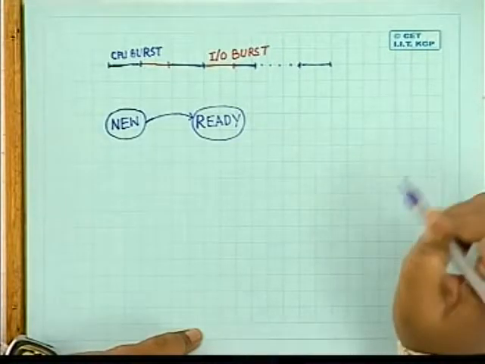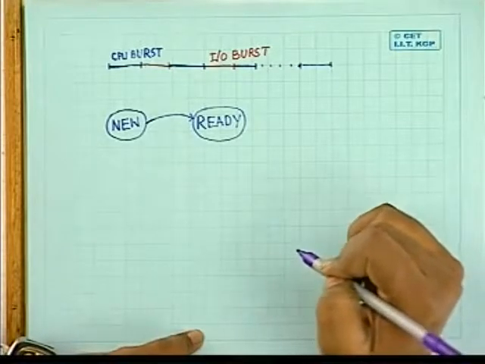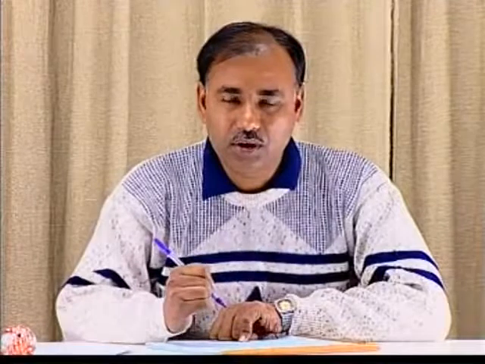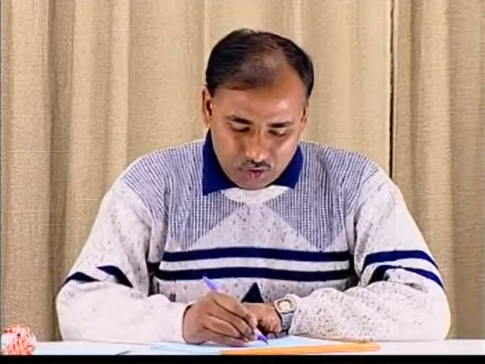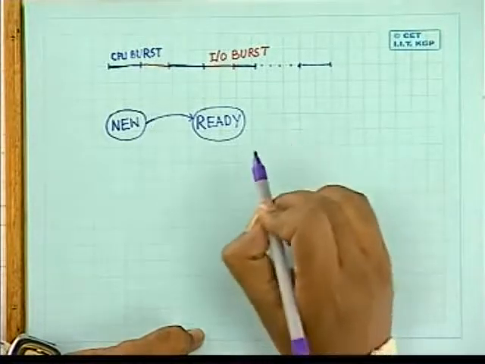Now, once it is in the ready state, the CPU scheduler has to check all the jobs which are in the ready state, select one of them and pass that to the CPU for execution. So, a job can be executed by the CPU only when it is in the ready state.